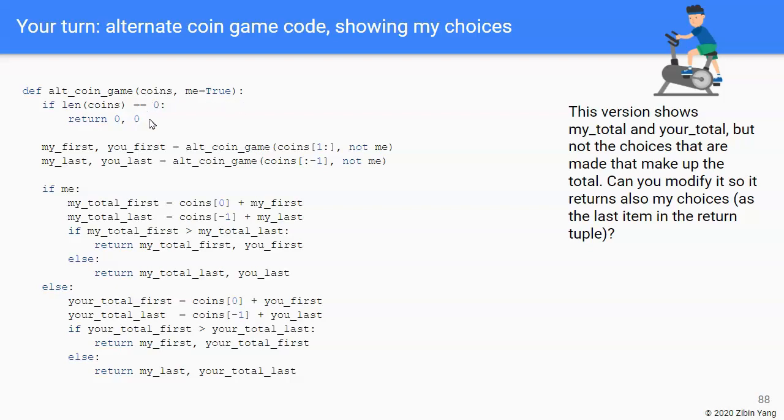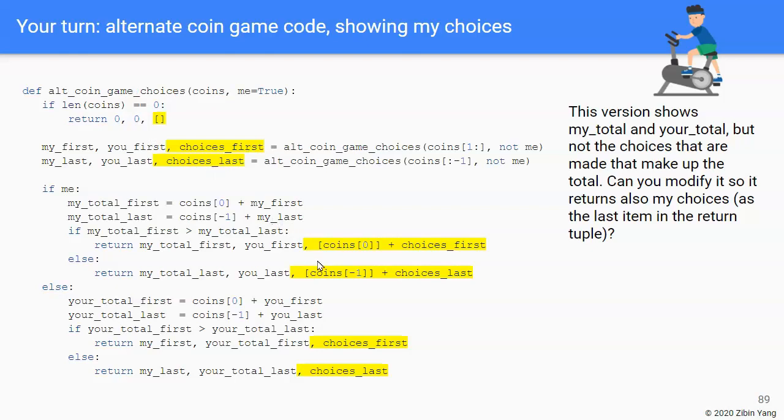You can return a list of the choices that I make as perhaps the third element in the tuple returned by this function. And assuming you've done that, here's the solution. I'm not going to go over it, but I highlighted the additional parts so that you can see how it's done if you haven't done it yourself.